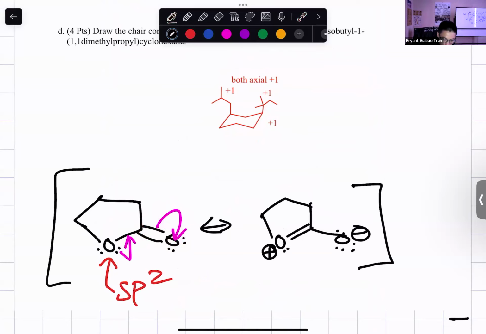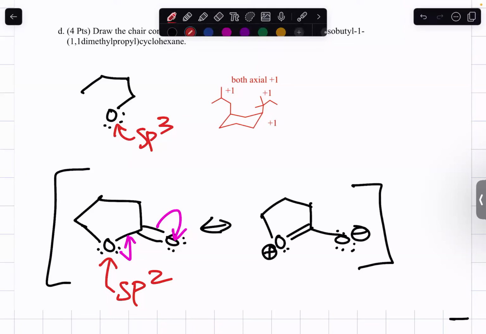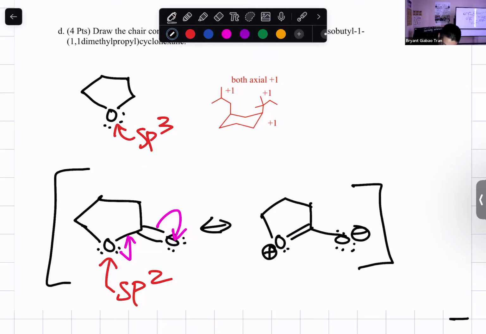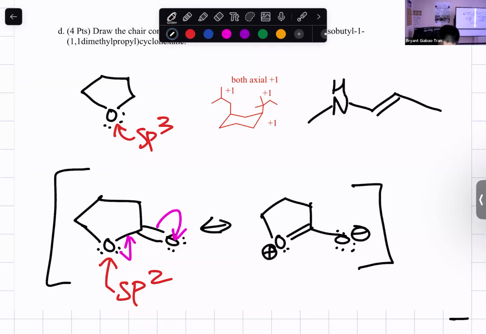Right. So for example, this oxygen here is sp3. So in general, if you have a carbonyl group, that signifies that there may be resonance. It doesn't have to be a carbonyl; it could also be a double bond.